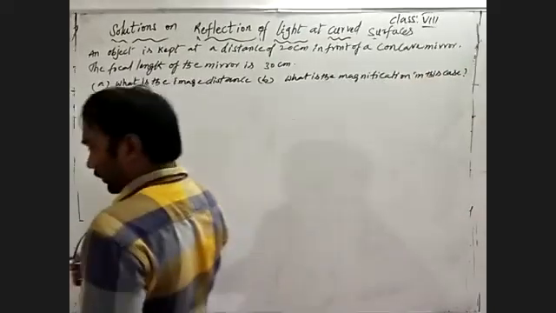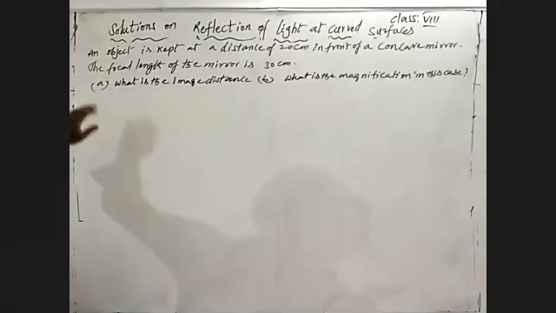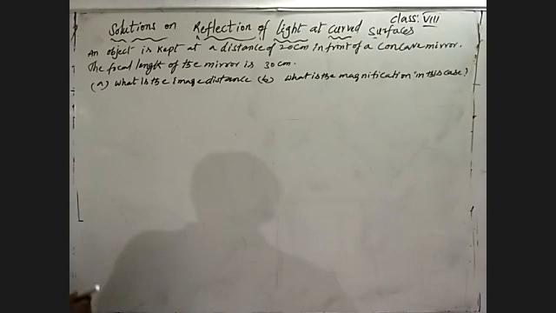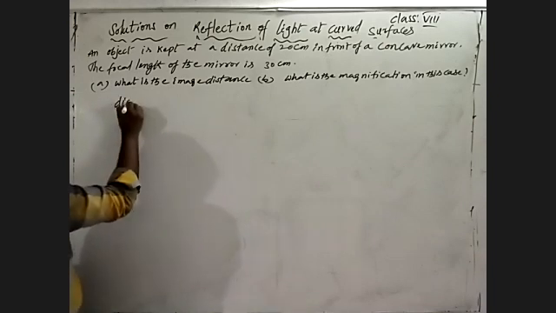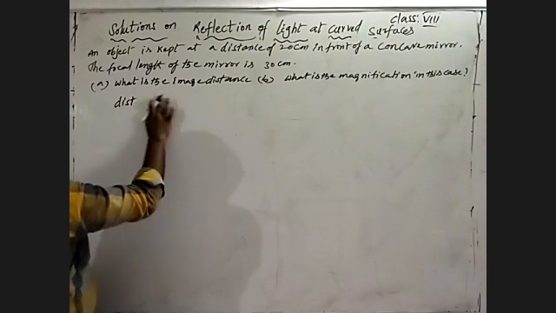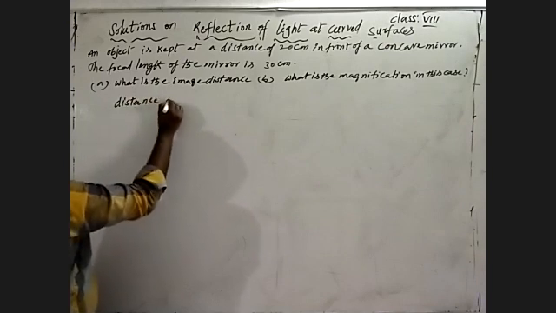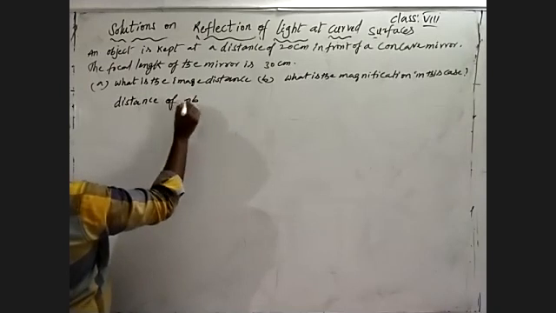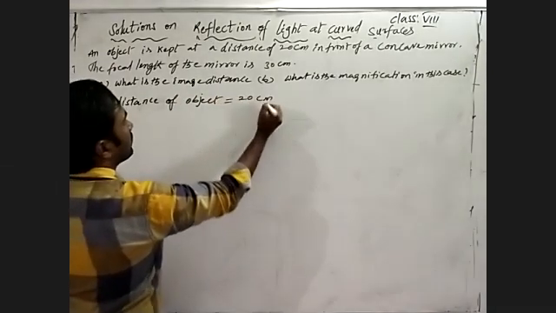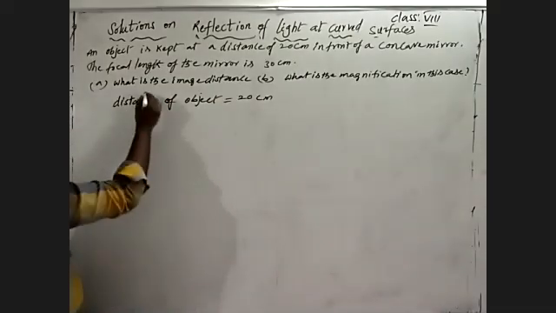Okay, see that question. An object is kept at a distance of 20 centimeter. The object distance they are giving: 20 centimeter in front of a concave mirror.